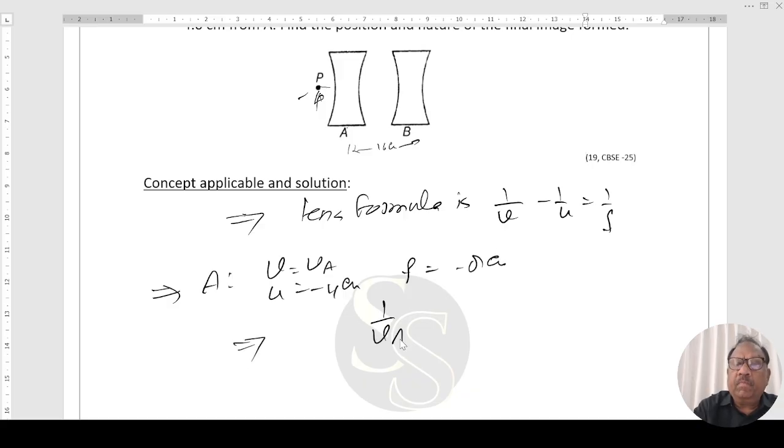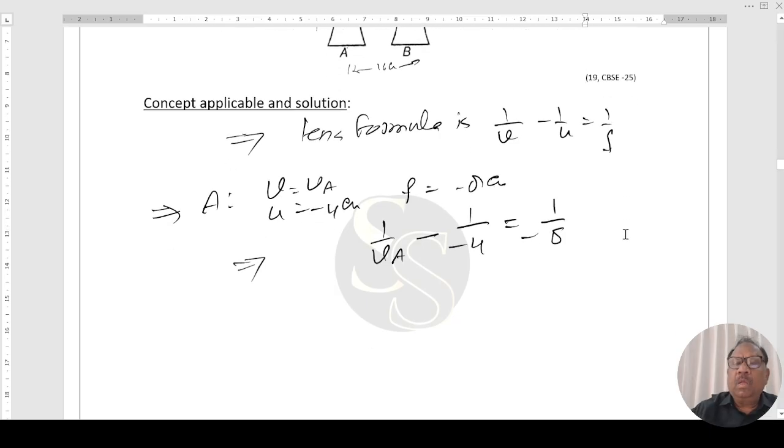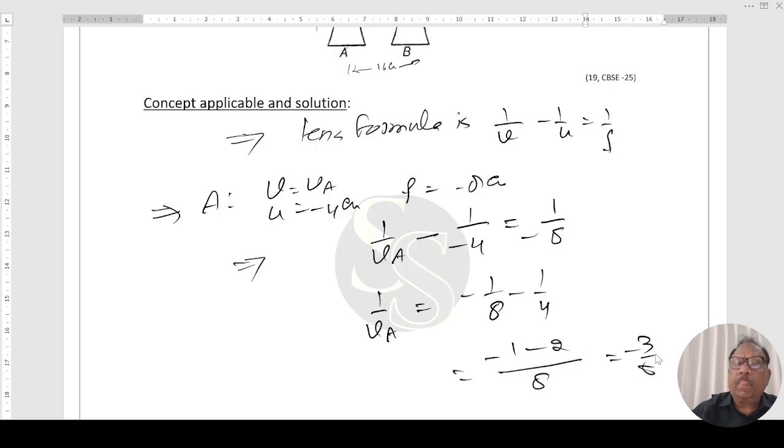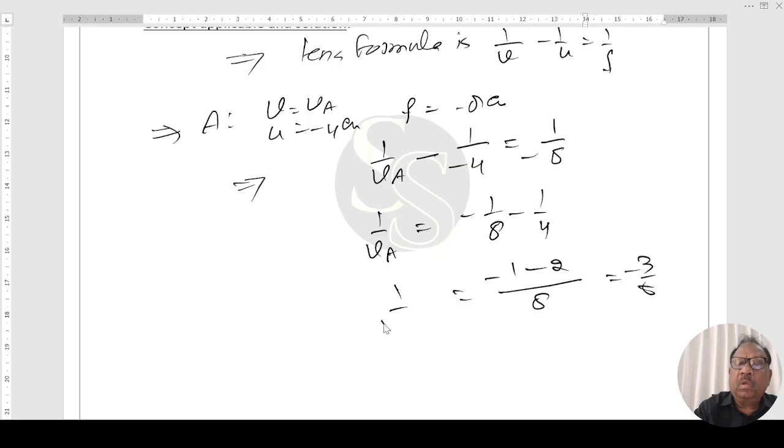1 over VA minus 1 upon minus 4 equal to 1 upon minus 8. Now 1 over VA equal to minus 1 by 8 plus minus 1 by 4, that is minus 1 minus 2, minus 3 by 8. Means VA comes out to be minus 8 by 3.